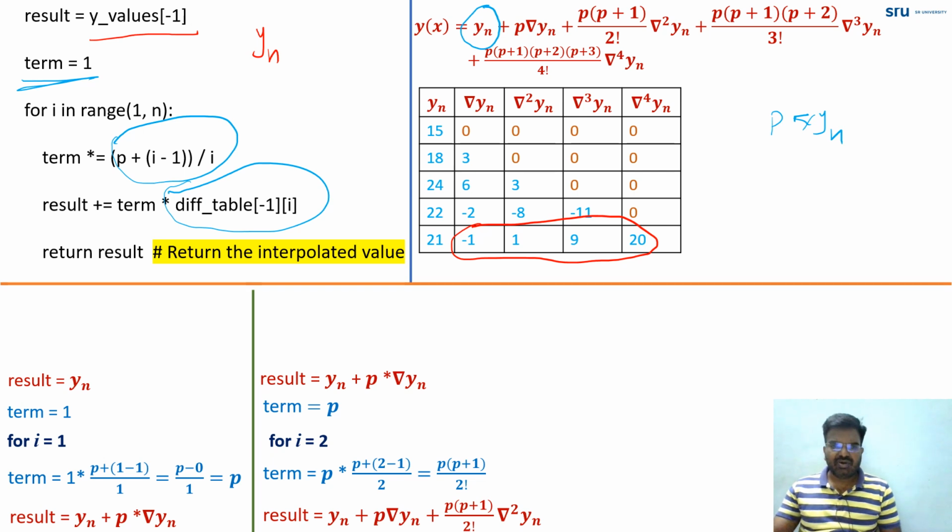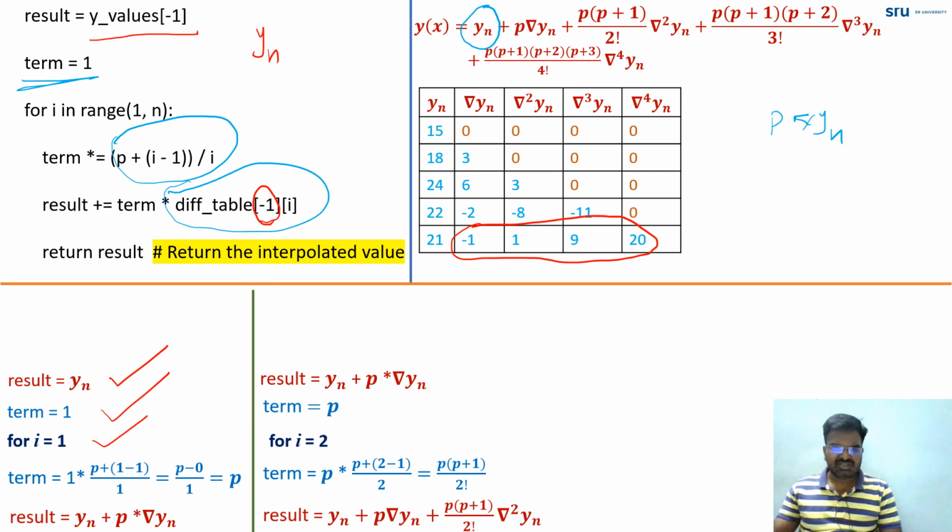You have to observe one important thing here: we are using values from the bottom of the table. See, the index I am writing is minus 1. That's why we are writing index minus 1. Starting value of result is yn, and we initiated the term with 1. For I equals 1, we are updating the term.